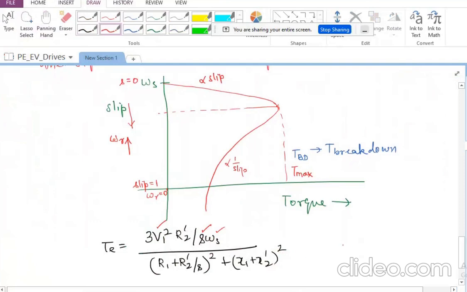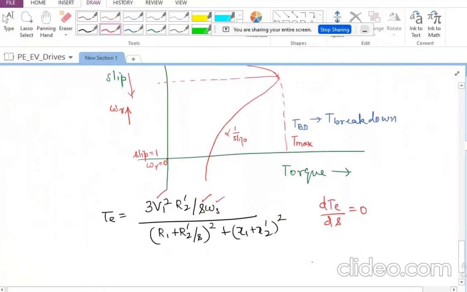Under such a condition, if I say dTe divided by ds equal to 0, and then calculate what the S value is, that will give me the slip at maximum torque, S max T. And if I substitute that S max T into this equation, I should be able to get T max or TBD.